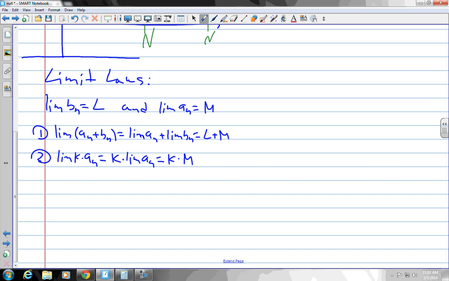I'm not going to list them all. You have the same limit laws as in calc 1. If the two limits exist, the product splits up, sums and differences split up, the quotients split up, and so forth. They're all similar.